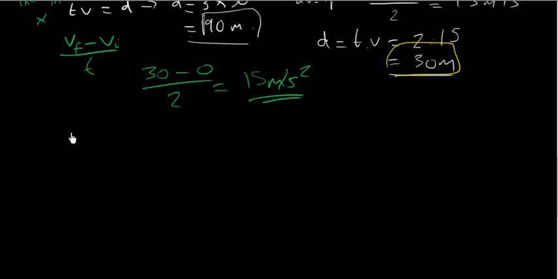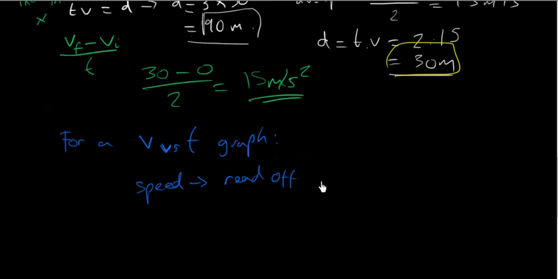So in other words, for a vt graph, we often say v versus time, or vt graph, for speed, we just read it off the axis at the time that we're interested in. The distance, we calculate the area under the graph.